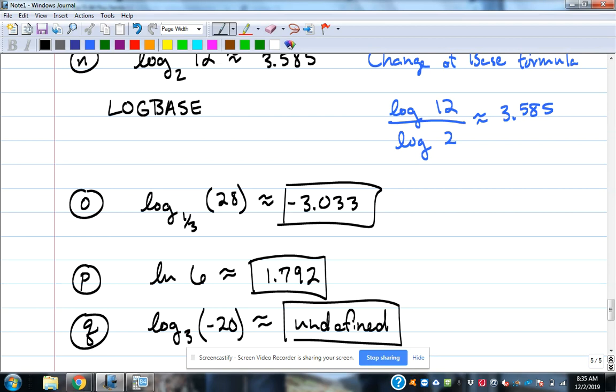Even if I use a negative exponent, 3 to the negative 1 power is what? Somebody answer. 1/3. Yeah, and 3 to the negative 2 would be 1/9. So it gets to be a smaller number, but it never changes signs, right? So no matter what I do to this 3 as the base, it's never going to turn into a negative number. So we can't take the log of a negative number, no matter what base is right here. So it's just undefined. Okay, so anytime that comes up.